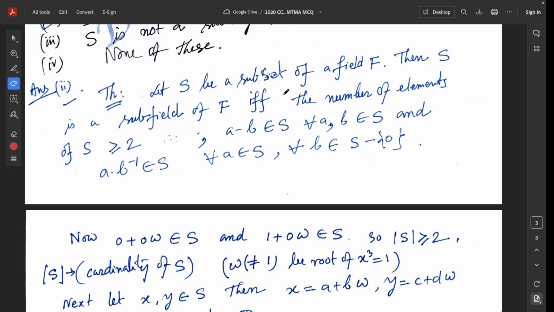So these are the necessary and sufficient conditions to form a subfield.